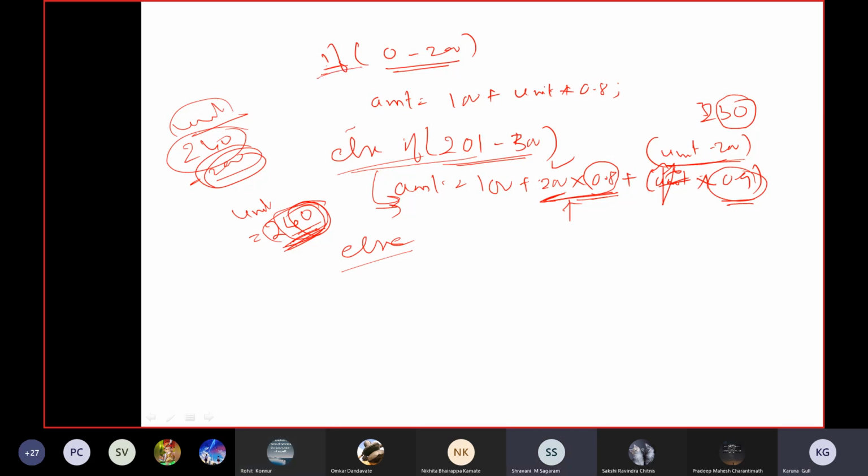Only rupees 100. This is the unit. This is not 100 rupees or 200. This is the unit that I am entering here. So the unit range is 0 to 200. What is the false condition of this that I am asking?